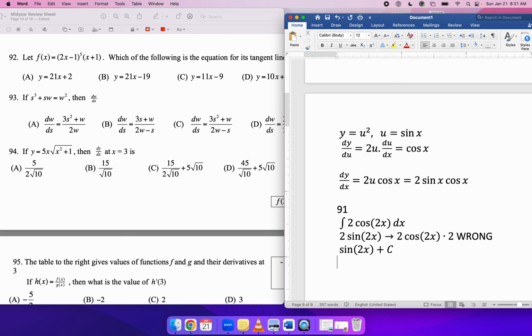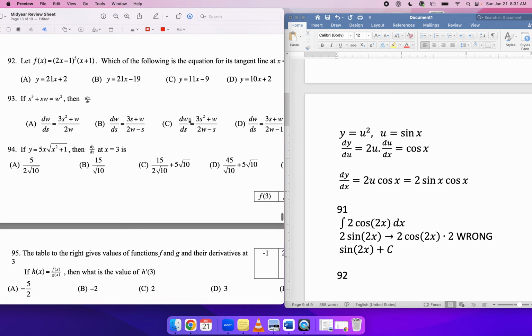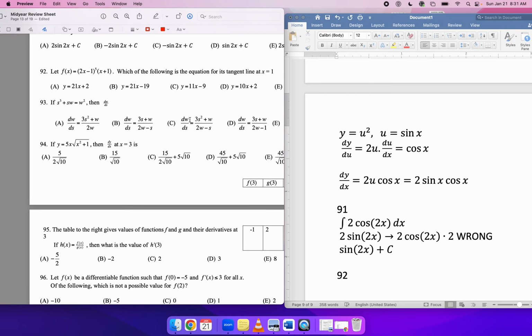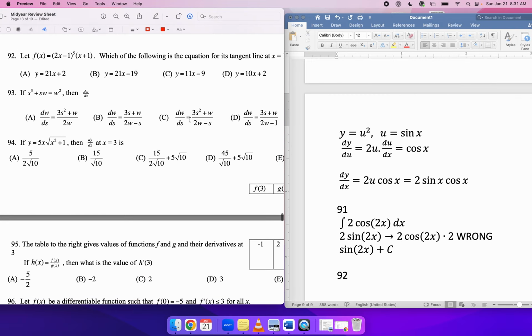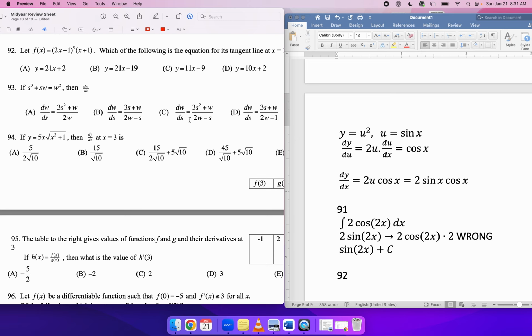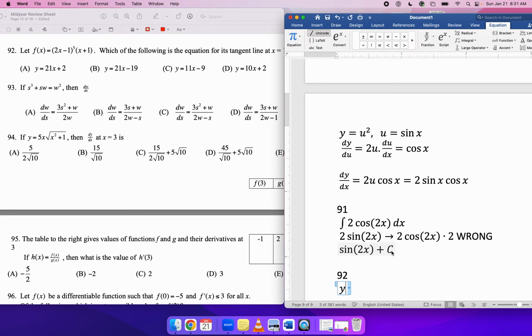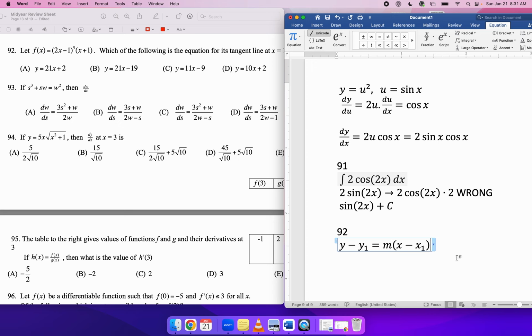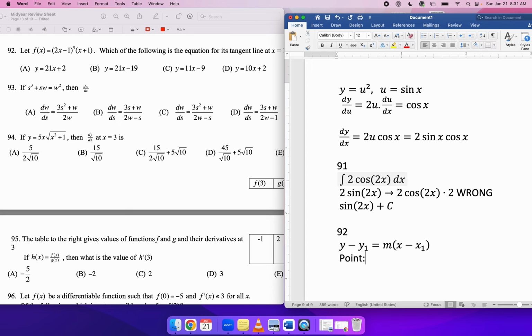Number 92. Which of the following is the equation of the tangent line at x equals 1 for this function? Anytime you want the equation of the tangent line, you just want to do y minus y1 equals m times x minus x1. So we need two things: a point on the line, and the slope of the line.